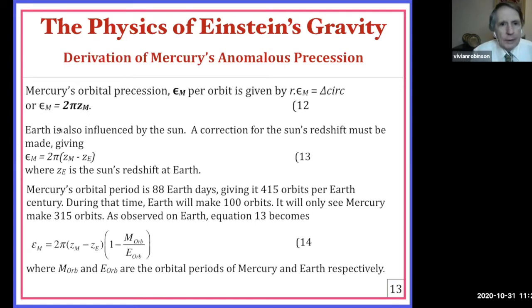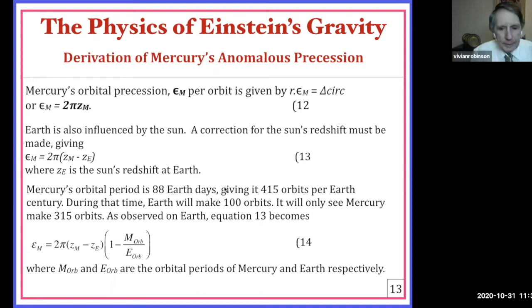But Earth is also influenced by the Sun. A correction for the Sun's redshift must be made to Earth, and that gives epsilon m equals 2 pi times Zm minus Ze, where Ze is the Sun's redshift at Earth.